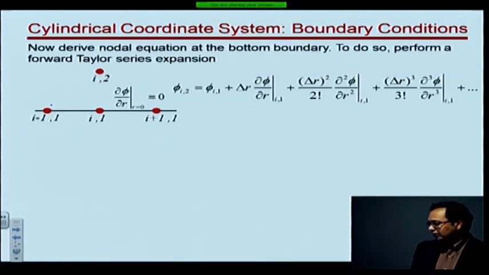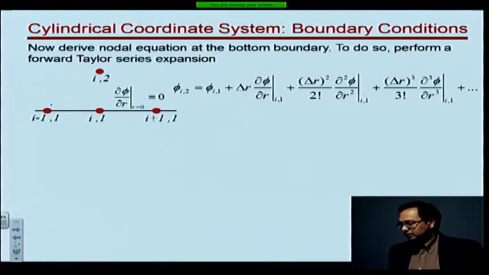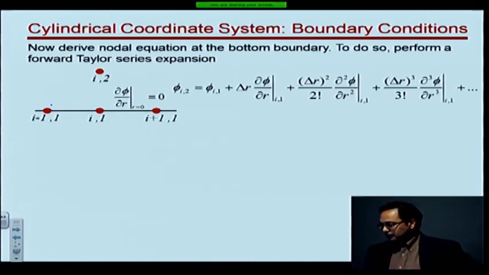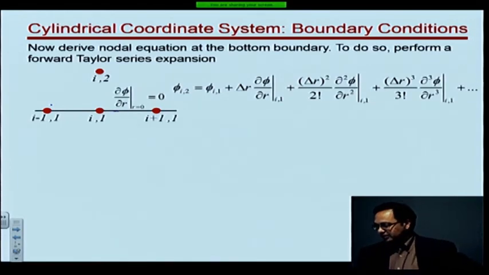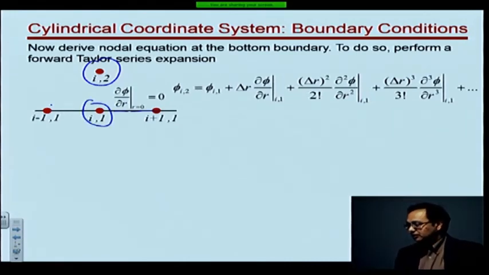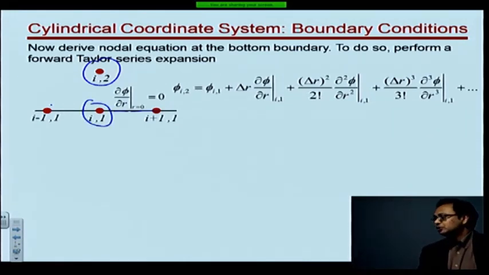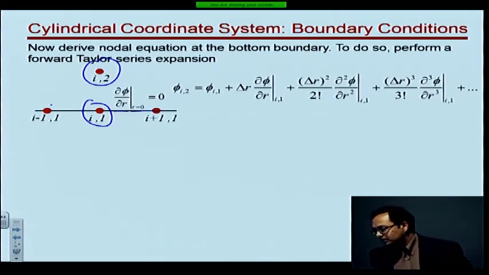So now the question is, how do we apply our boundary condition? Just like the wall, this is like a flux boundary condition or a Neumann boundary condition where we have d phi dr at r equal to 0. So we do a Taylor series expansion of this node about that node. So phi I comma 2 is equal to phi I comma 1 plus delta r times d phi dr and so on.